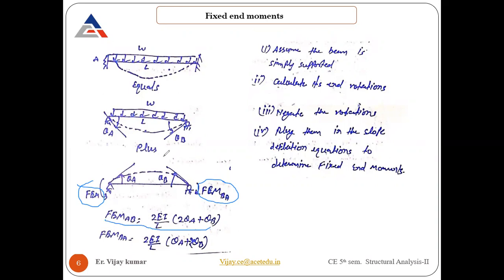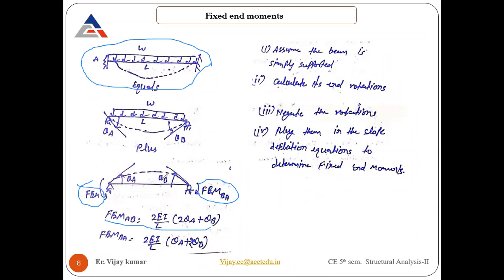So this is the beam which is actually the problem mentioned here. If there is a UDL, I can make a deflected shape as it is visible here. Take out the simply supported beam, apply the actual loading and calculate theta A and theta B, and apply the fixed end moment, which is the required value that we need to find out.